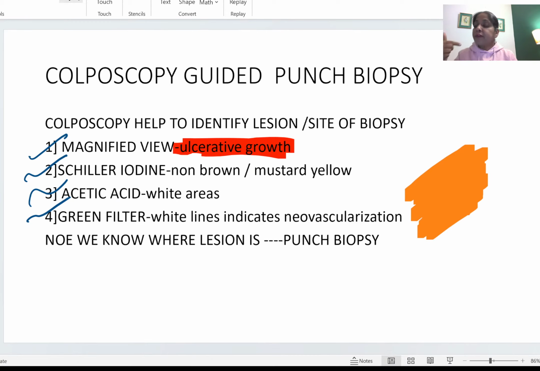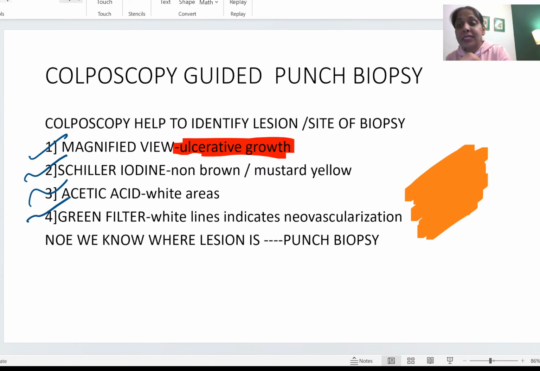The cells which are cancerous are rapidly dividing. They don't have glucose. They have utilized all of their glucose. So the cancerous cells will not be brown.